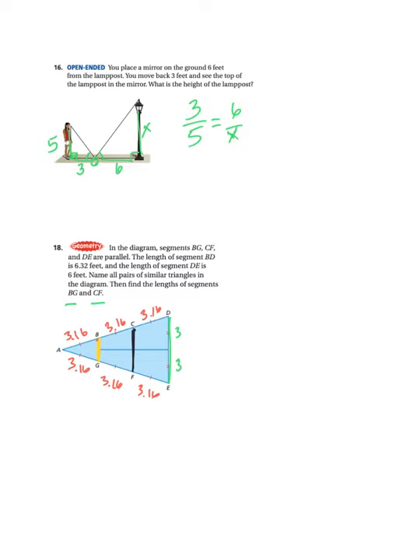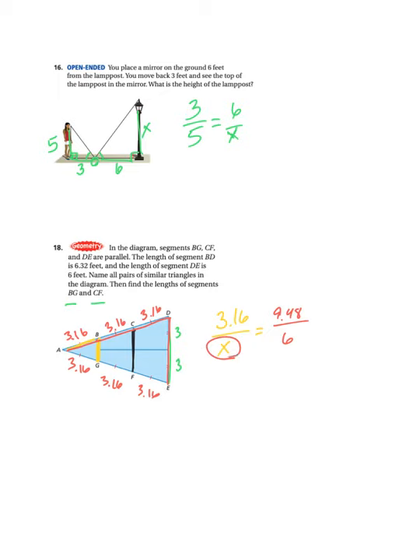I'm going to say that 3.16, that's this length here, over X, this BG, is equal to, and let me use a different color here, this whole length, 3.16 times 3, which is 9.48, over this whole base, which is 6. So that's how we're going to solve for that length BG.